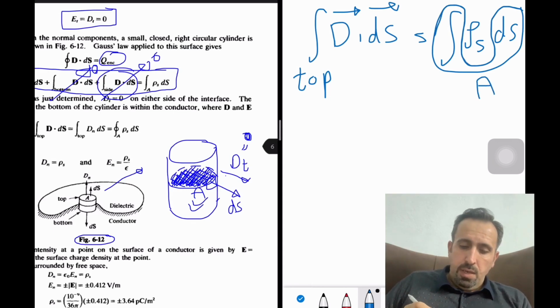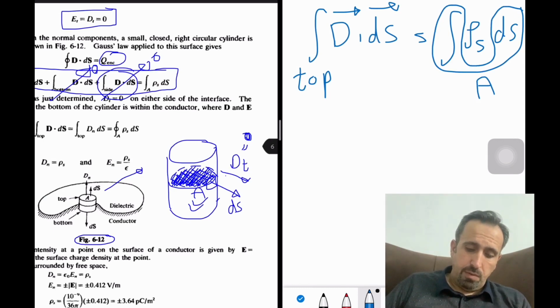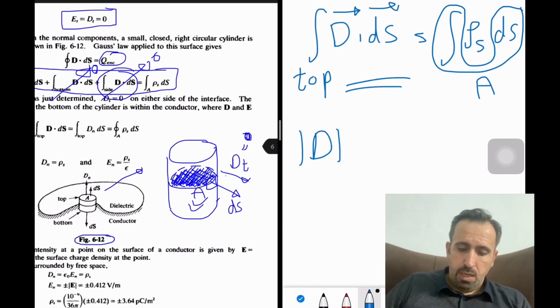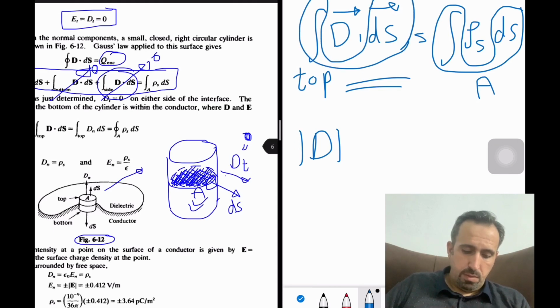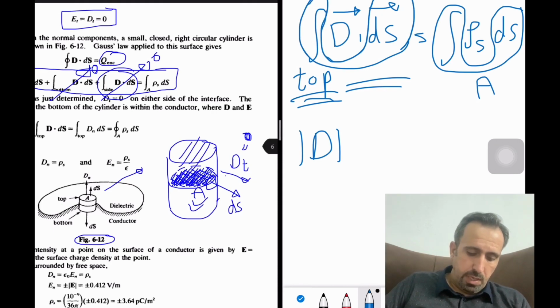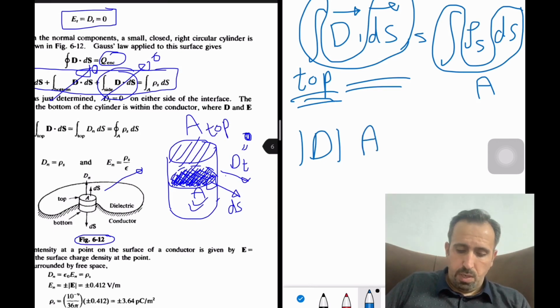Now on the left side of Gauss law, again you will have D constant, will get out, and what will be the result for this? For the top, you will have this area. So you can name it area top.